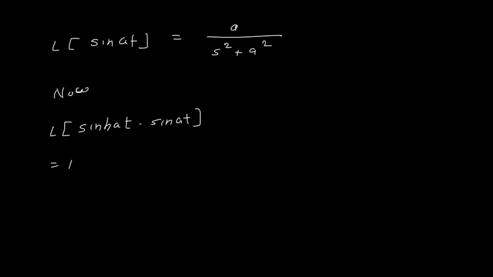will be equal to Laplace of, now sine hyperbolic at we put its value, that is e power at minus e power minus at whole divided by 2, into sin at. So I will take 1 divided by 2 out.